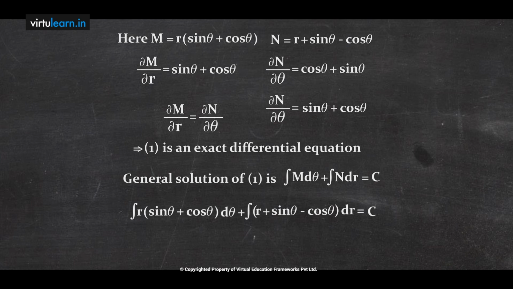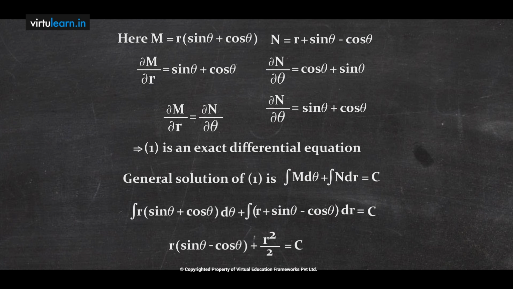Integration with respect to theta means r terms are constant, so I am writing r outside. The integration of cos theta is sin theta, and the integration of sin theta is minus cos theta, so it is sin theta minus cos theta. The term sin theta minus cos theta is not free from theta, therefore in the integration with respect to r it is 0. Then the integral of r dr is r squared by 2, plus c. This is the final answer of the exact differential equation.